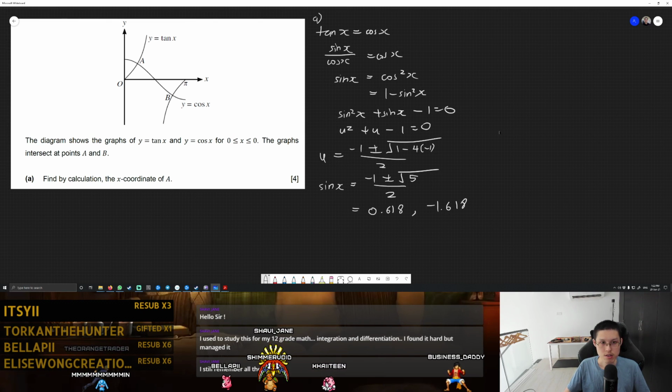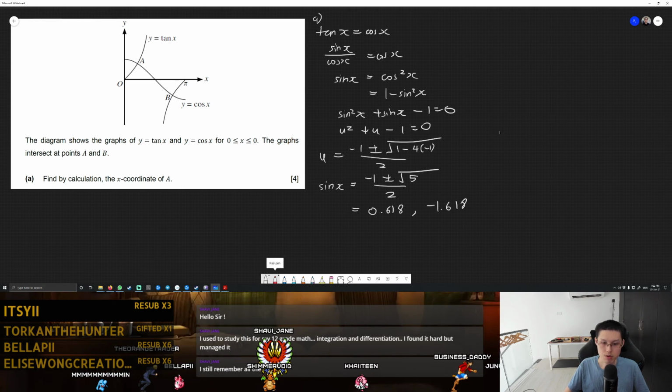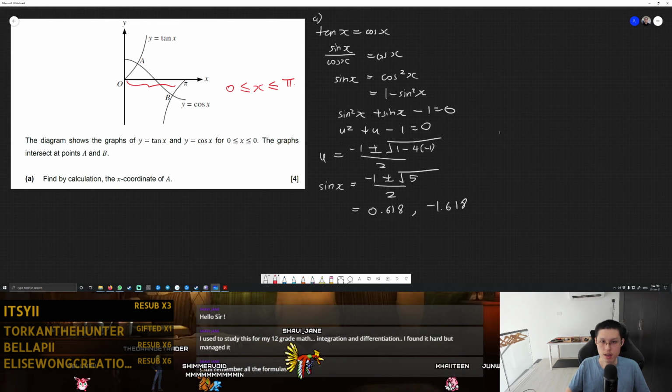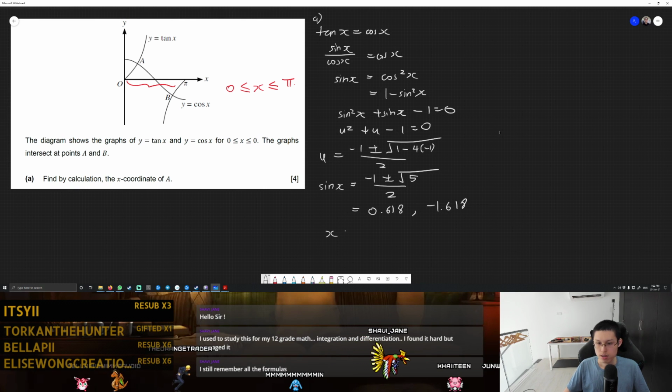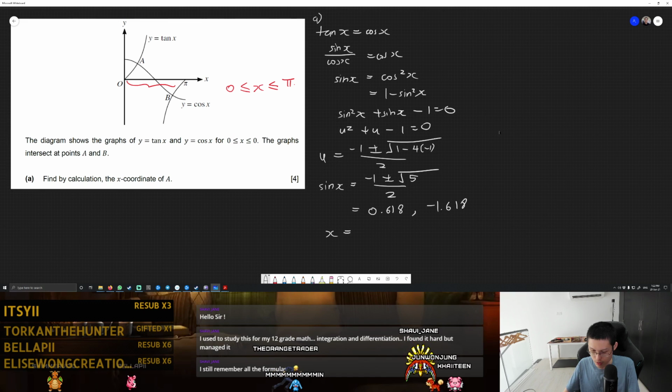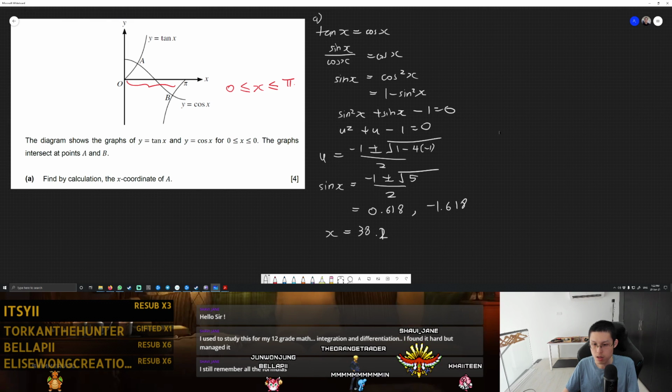Sine x. You can see here that our domain is from 0 to pi, right? X is between 0 and pi. So we're only interested in the first quadrant. So x is going to be equal to arcsine of 0.618, which is actually 38.2 degrees.